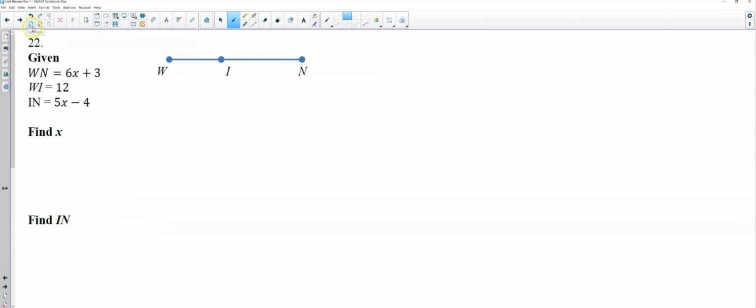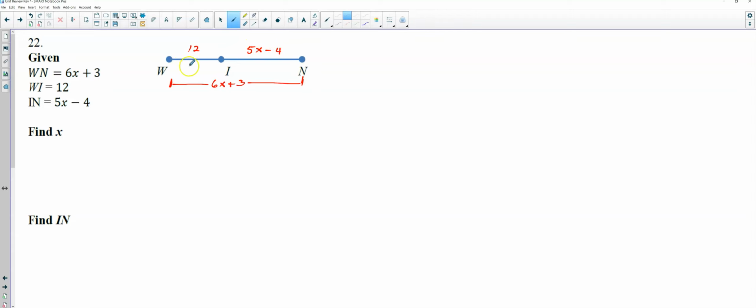Simple. As long as you know your geometry, then everything else works perfectly. Given WN. WN is the whole measurement from here all the way to here, and that is 6x plus 3. So that's from there to there, the whole segment. WI is 12, and IN is 5x minus 4.